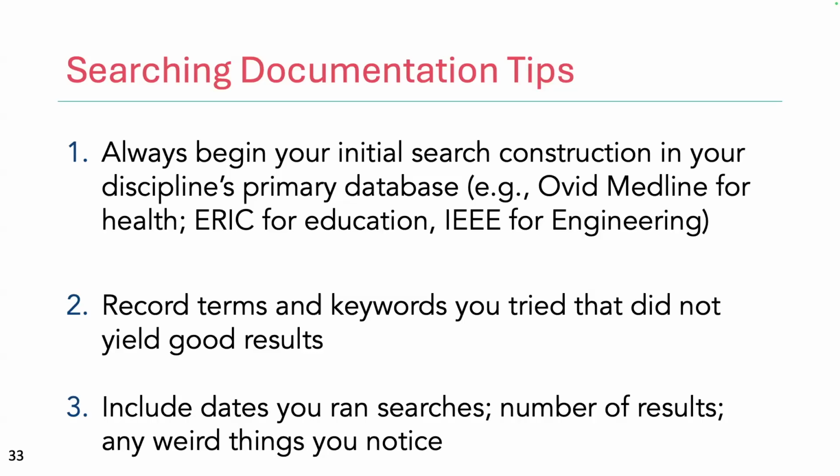And then you also want to, as I've mentioned, record any terms or keywords you tried that didn't yield helpful results. Include the dates you ran the searches, the number of results, and any other weird things that you notice when you're doing it. I have an example here of one of my colleagues' searches. Let me just see if I can get this to load up.